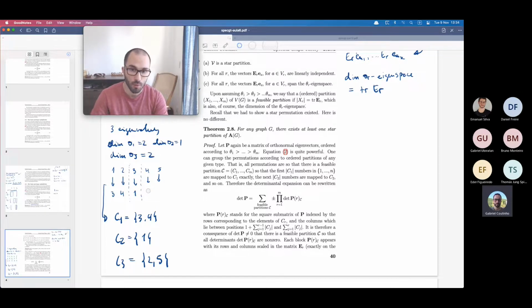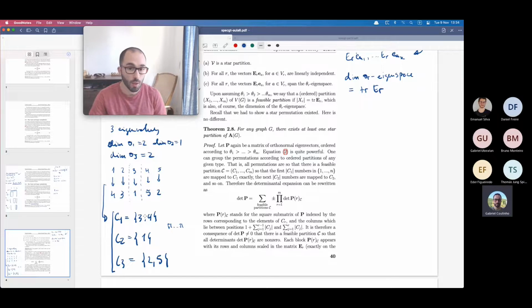For example, this one. Or this one. Not a problem. What I'm doing is I am examining this partition that has the right size, 2, 1, 2, contains 3, 4 in the first, 1 in the second, 2, 5, and I'm listing all permutations which give this one. And I have a list of permutations.